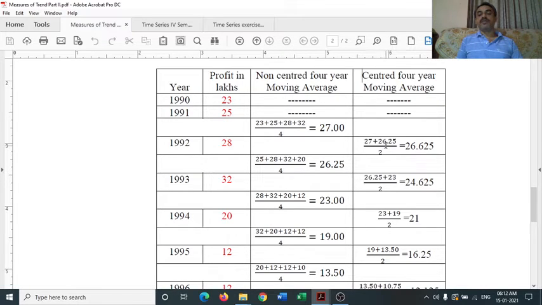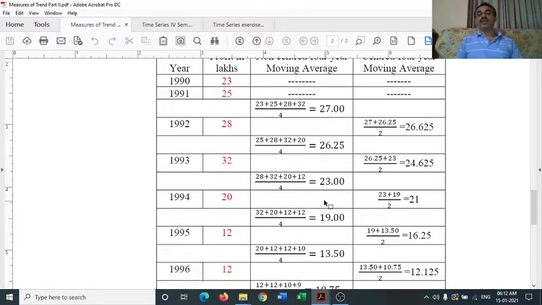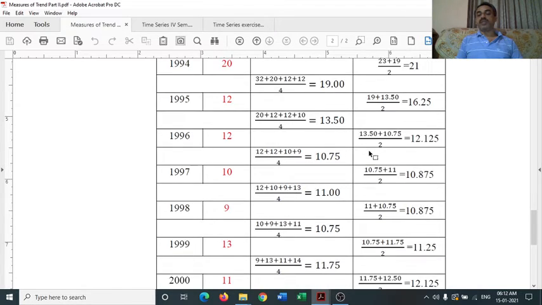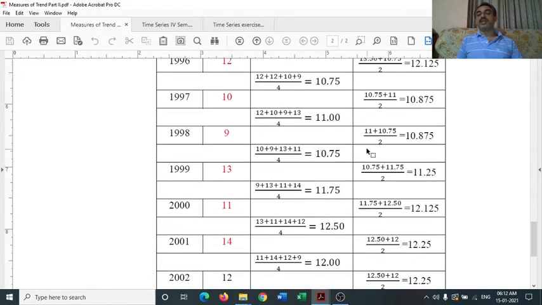Therefore, this average should correspond to 1992. That way, we calculate the second centered moving average, which is the mean of 26.25 and 23, that is 24.625, and that should correspond to the common year of the two bunches, which is 93. That way we calculate all the centered moving averages, and these are the trend values.